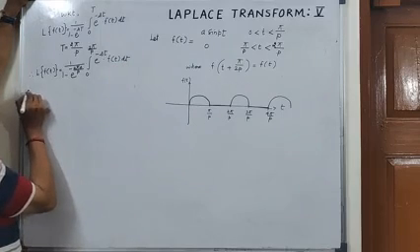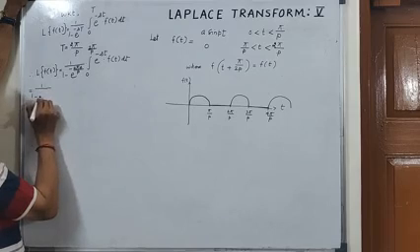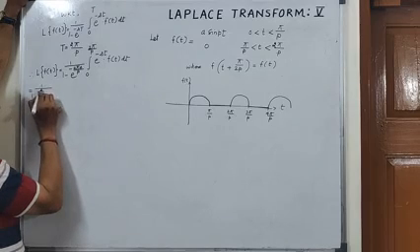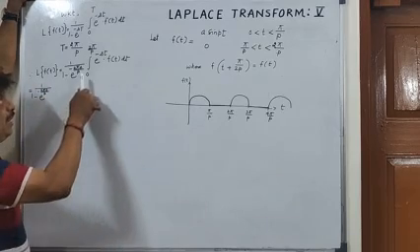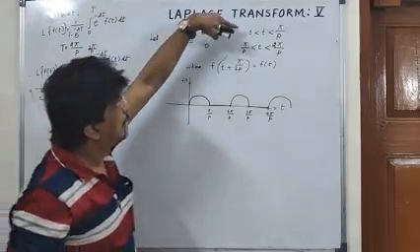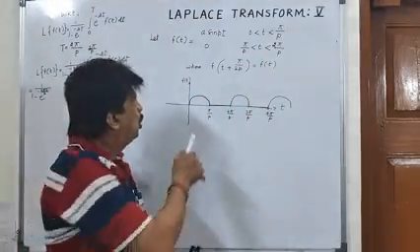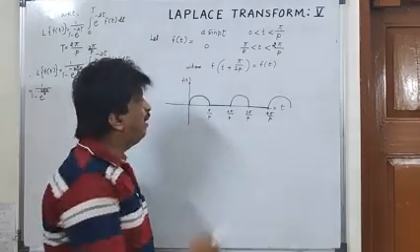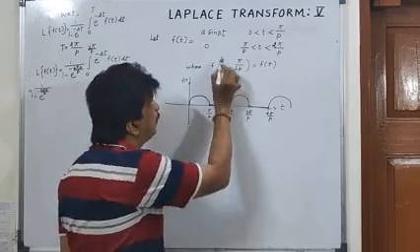That is further equal to 1 upon 1 minus e raised to power minus 2 pi s by p into. Now this integral 0 to 2 pi by p is split into 0 to pi by p and from pi by p to 2 pi by p. In this interval it is 0.